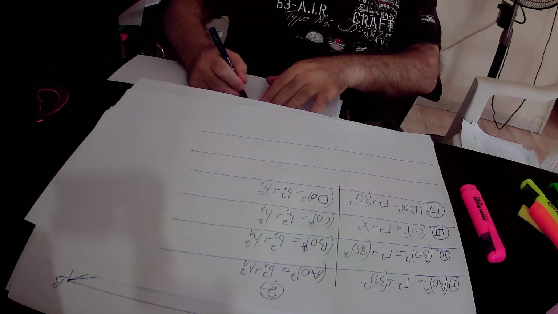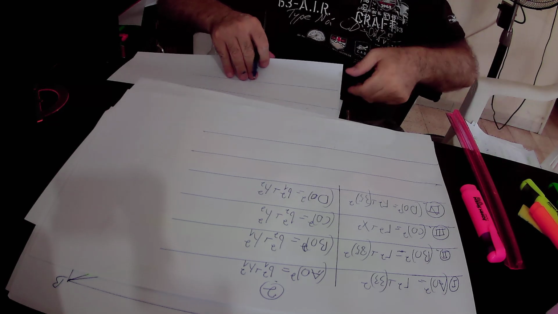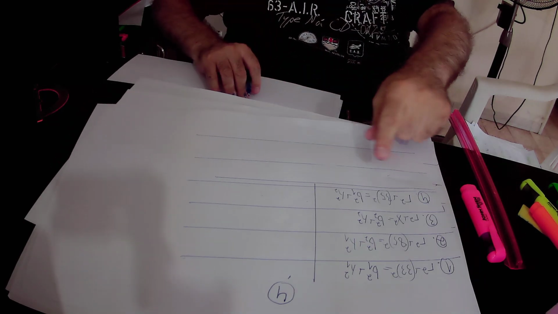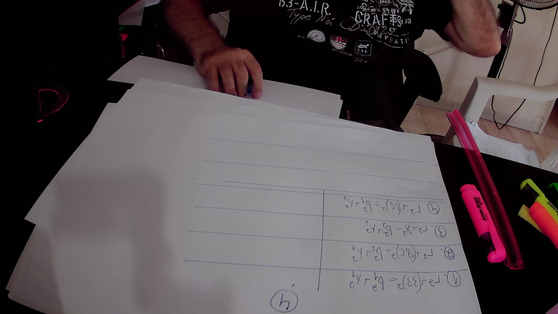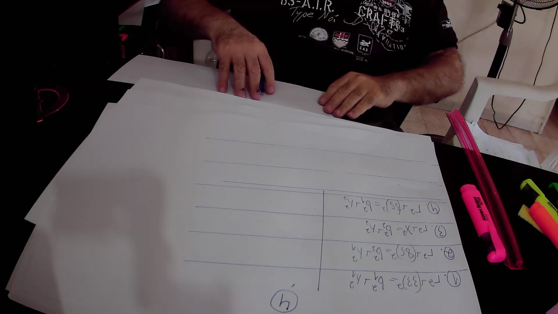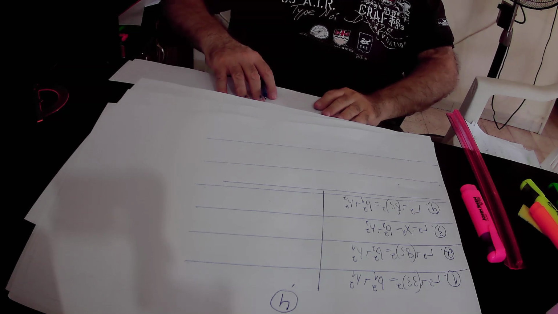Repeat again, according to equation number 4, R squared plus 35 squared equals B1 squared plus H2 squared. So we have here 4 equations.